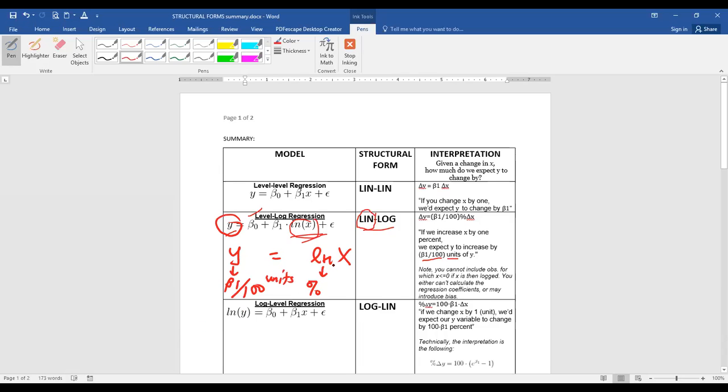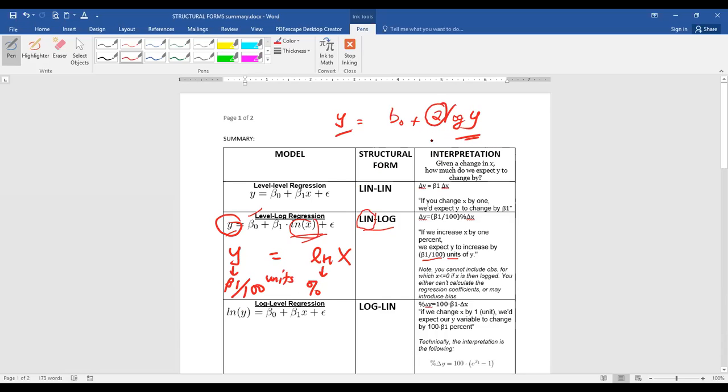Okay? So for example, y is equal to, let's say may b null ka dyan plus 2 times, let's say, log of x. No? Okay, so this takes the form of linear and log. Okay, so how do we now interpret this? Ang B1 natin dito, 2, di ba?